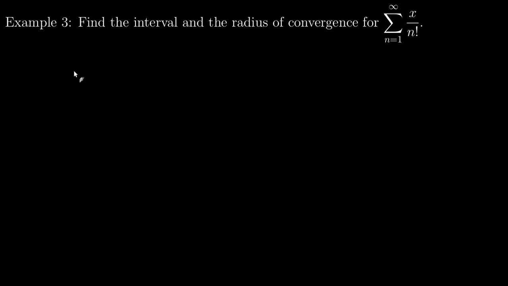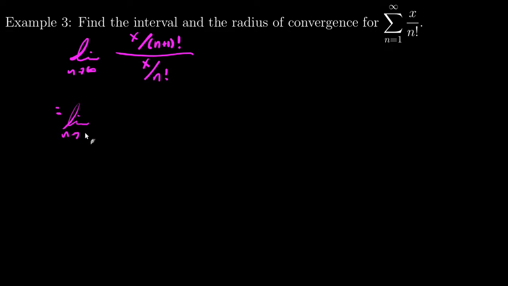I'm going to show this the first way. I sort of prefer it. So limit as n approaches infinity of x to the n plus 1 over n plus 1 factorial, divided by x to the n over n factorial. Numerator, denominator, denominator, numerator.